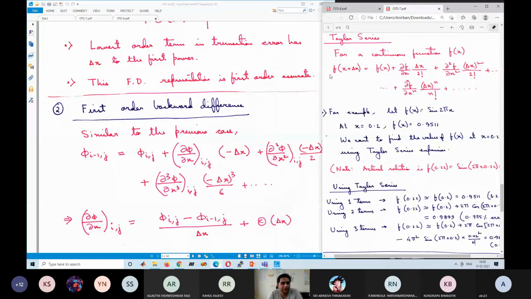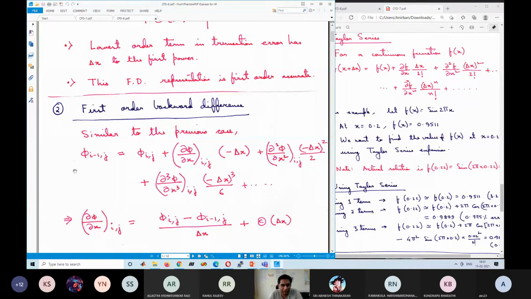So phi i minus 1, j is equal to phi i, j plus del phi del x at i, j into minus delta x, plus del square phi del x square at i, j into (minus delta x) square by 2, plus del cube phi del x cube at i, j into (minus delta x) to the power 3 by factorial 3. Like this it will continue.